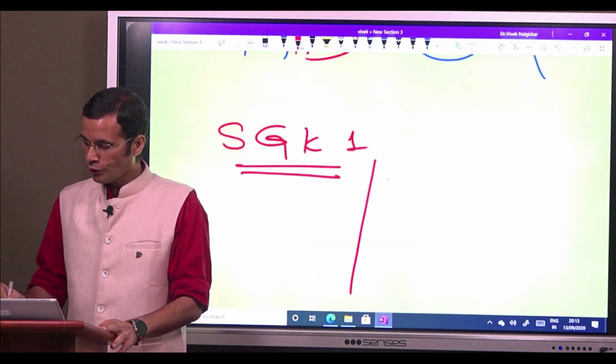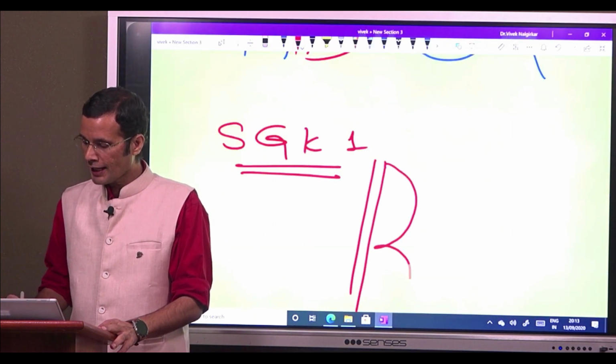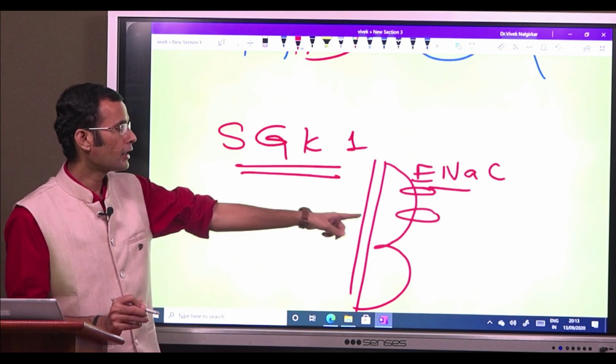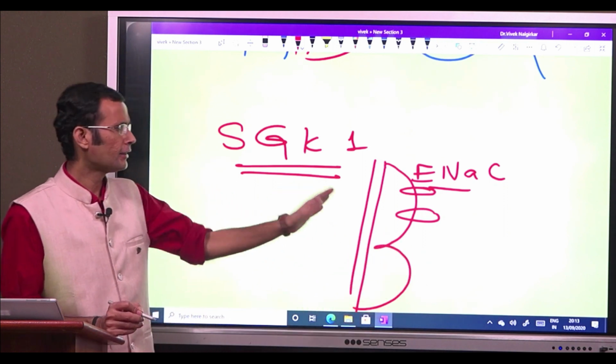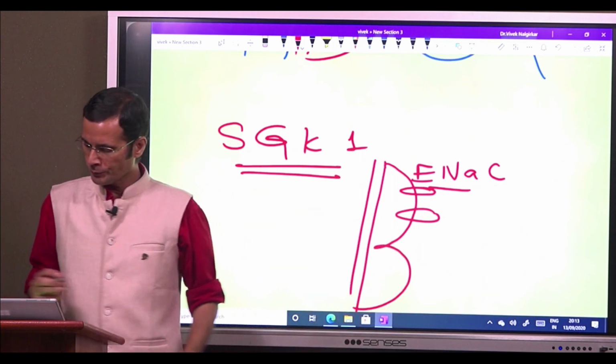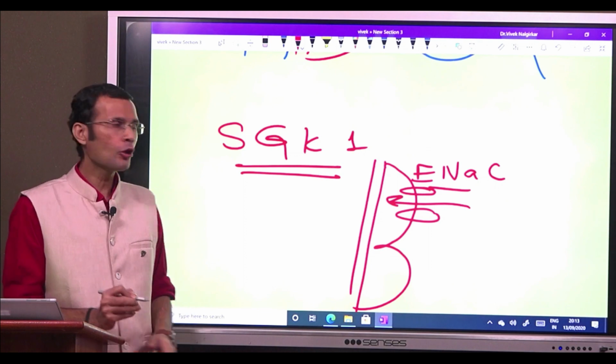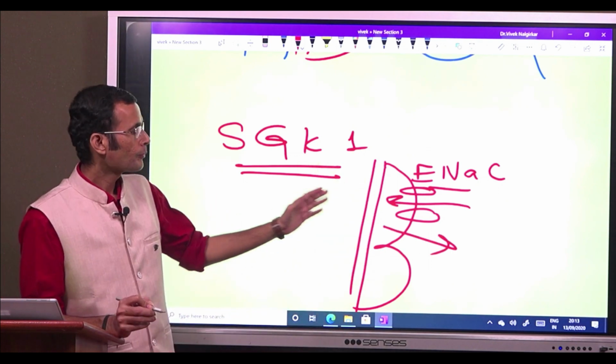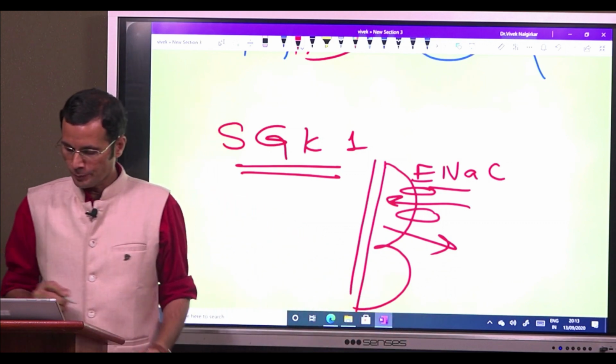What is the effect of this stimulated SGK? It increases the expression of ENaC in the apical membrane of principal cells. Again, the effect is via ENaC. So, more and more sodium will be reabsorbed. That creates the driving force for the potassium to be secreted by the cell.